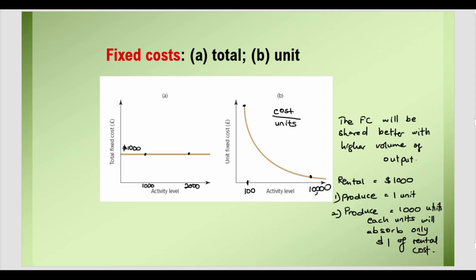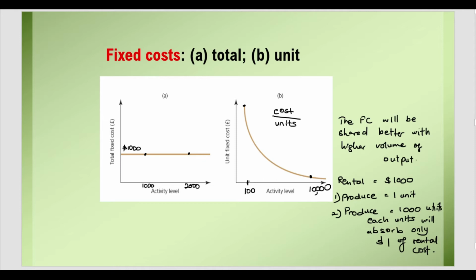So let me bring you to the illustration here. Let's say rental is $1,000 and you produce one unit. So the whole $1,000 needs to be absorbed by only one unit. So the cost will be very, very high for that one unit. Let's say the company produced 1,000 units.